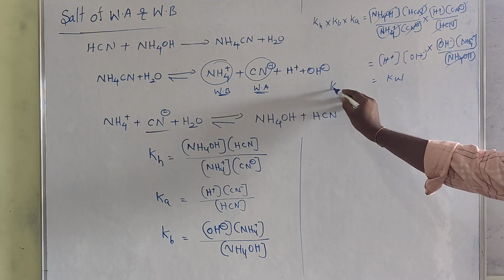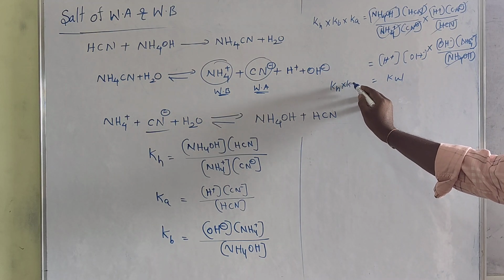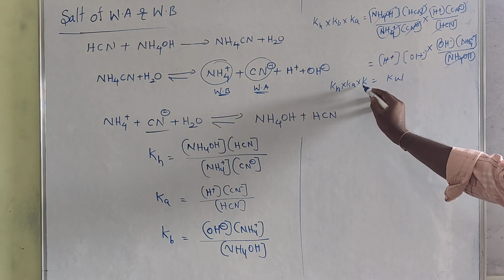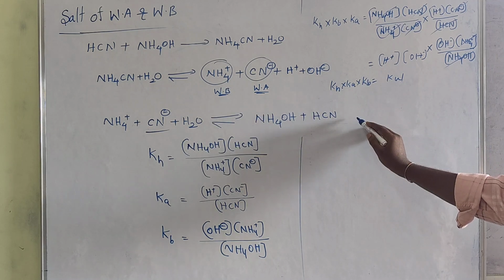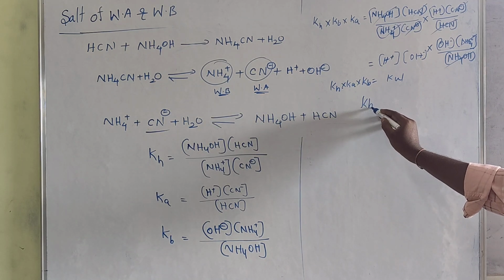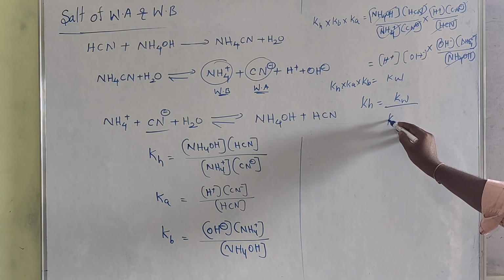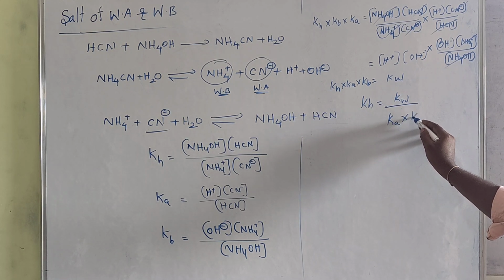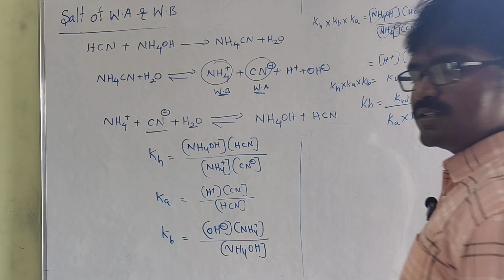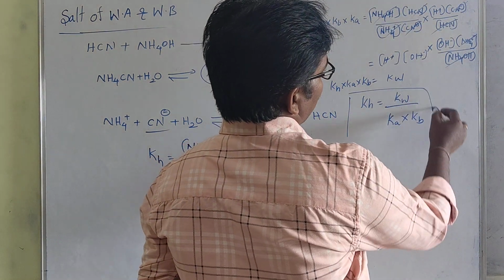So KH into Ka into Kb is equal to Kw. If you want only KH, KH equals Kw divided by Ka into Kb. Understand, my dear students? This is equation number 1.